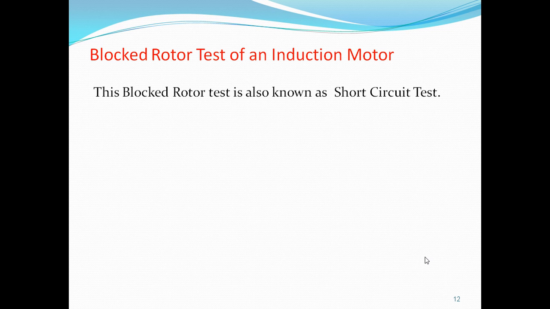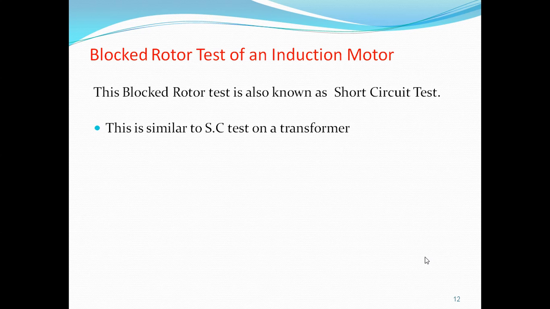How will you do this test? We will block the rotor so that it is not possible to rotate in any direction. The rotor is blocked. This blocked rotor test is also known as the short circuit test.